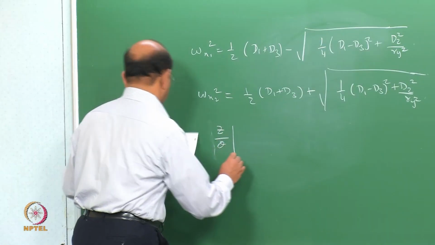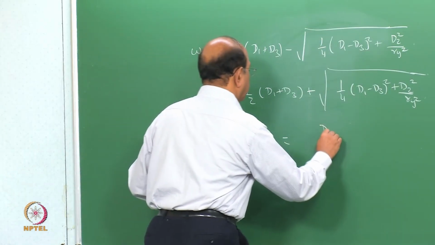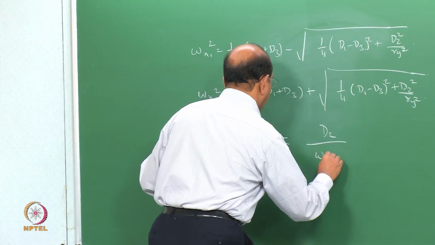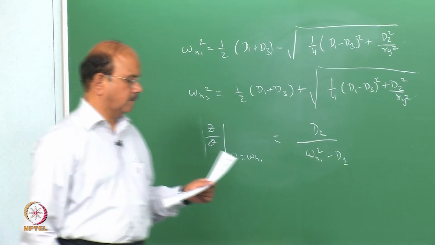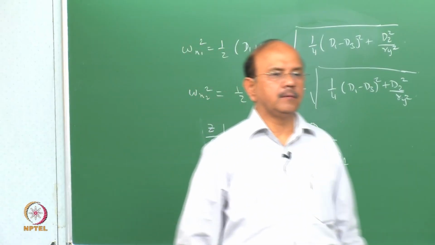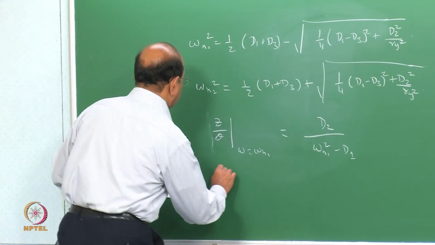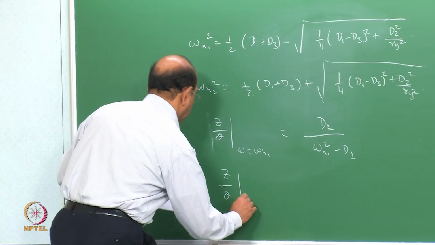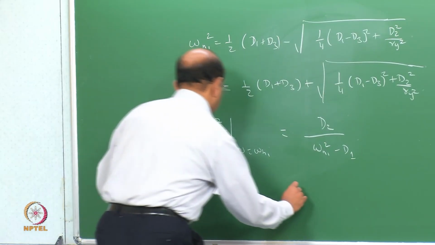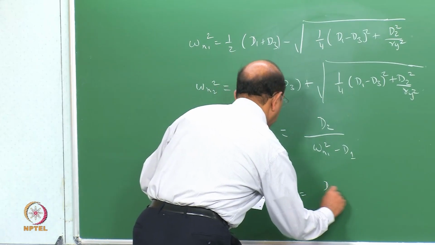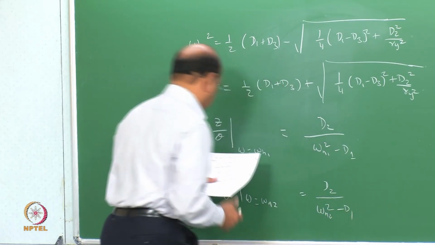If I now get, at omega equal to omega n1, z by theta is equal to d2 by omega n1 squared minus d1, and at omega equal to omega n2, z by theta is equal to d2, of course, divided by omega n2 squared minus d1.